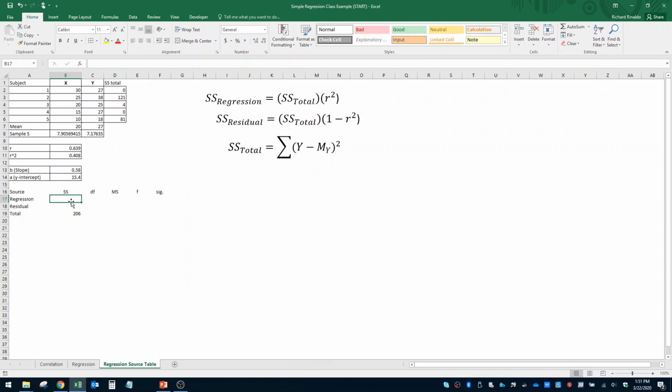The sum of squares regression is simply the sum of squares total multiplied by r squared. As we said before, that's the coefficient of determination. It's the percentage of the total sum of squares that is explained by the relationship of y to x. So it is simply equal to the total sum of squares times r squared.